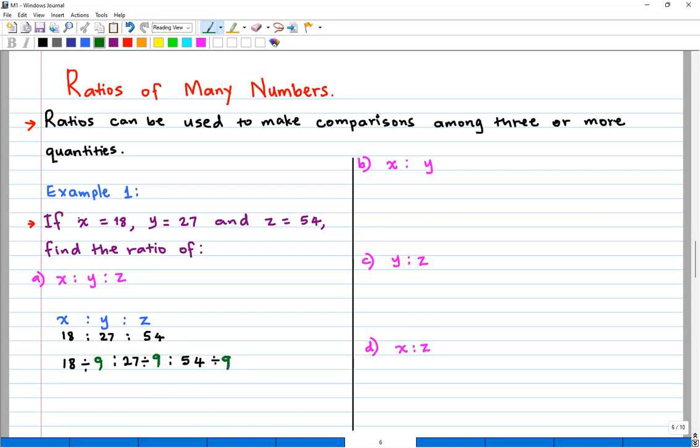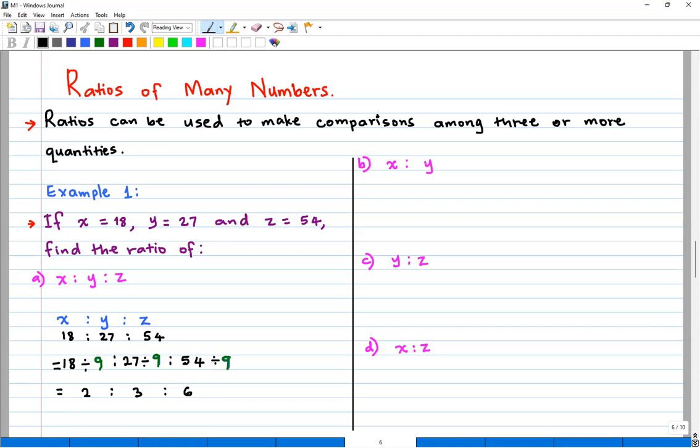Now, when we get 18 divided by 9, we are going to come up with 2. 27 divided by 9, we get 3. And 54 divided by 9, we get 6. You see that?